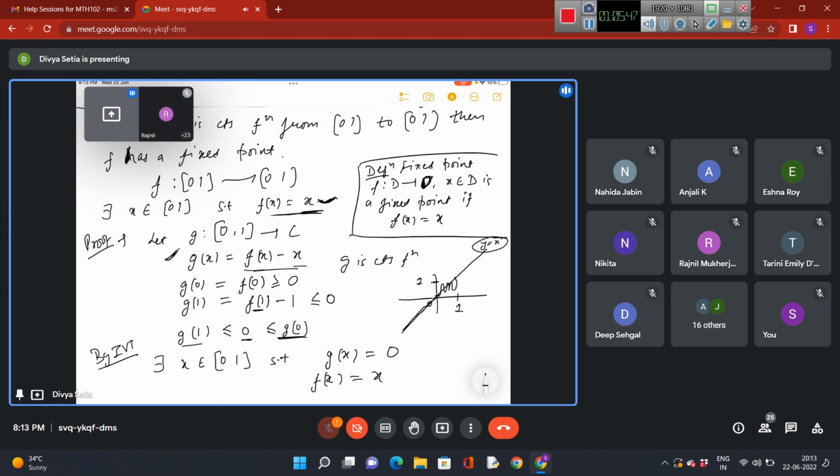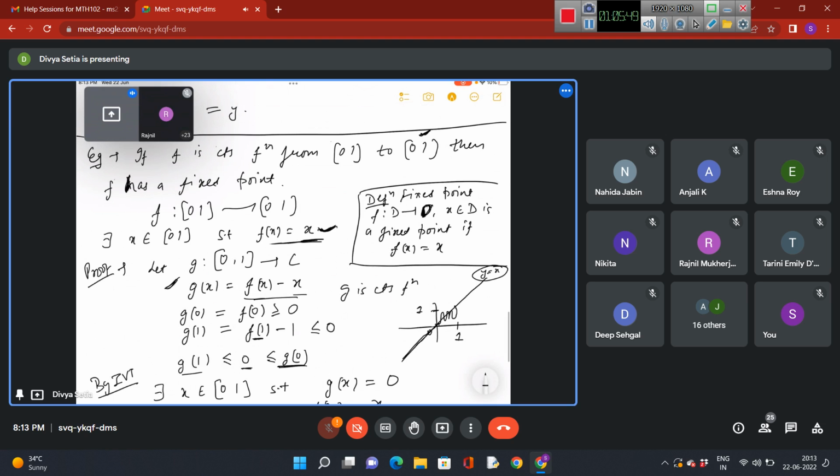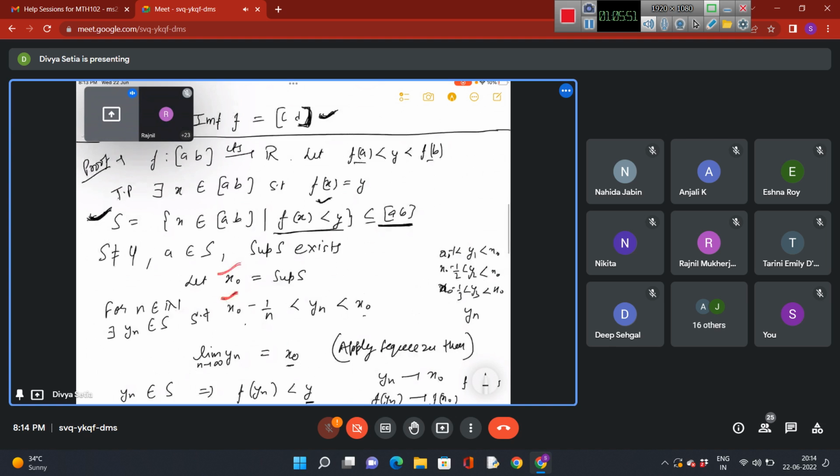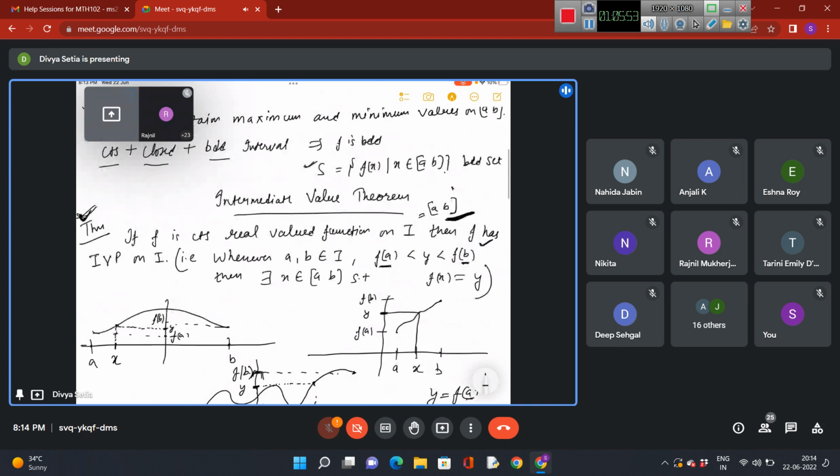There's also a partial converse of this intermediate value theorem. The converse is not true: if every value lying between f of a and f of b attains a pre-image, we cannot say that f is continuous. The converse is not true, but the partial converse is true. Partial converse means putting some more restrictions, then the converse is true.